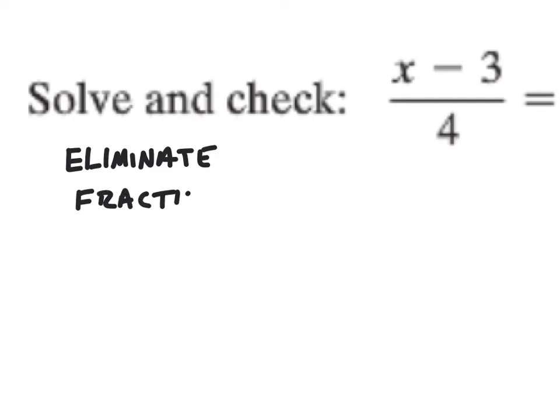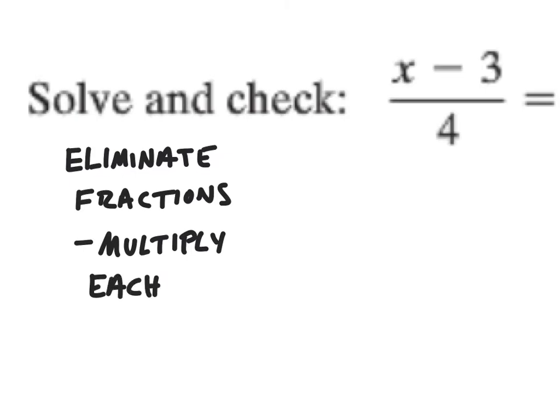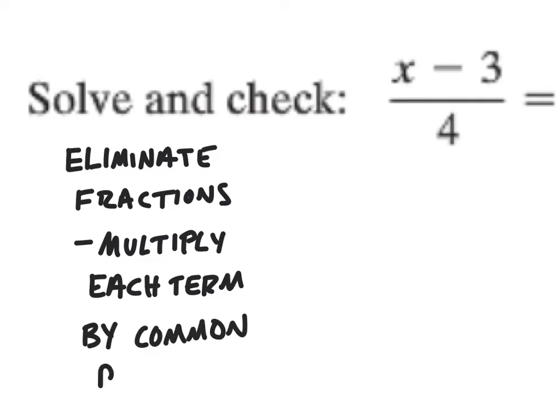And I do this by multiplying each term by the common denominator, okay? This will make your life a lot easier. There are other ways to do this, but this is the easiest, okay?